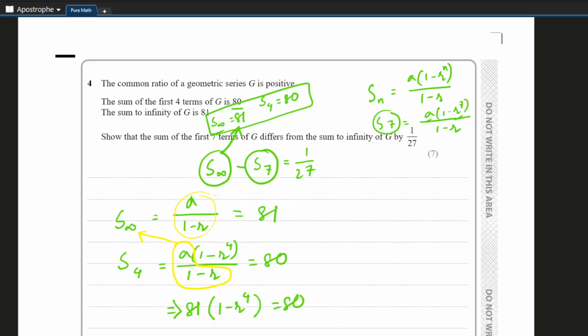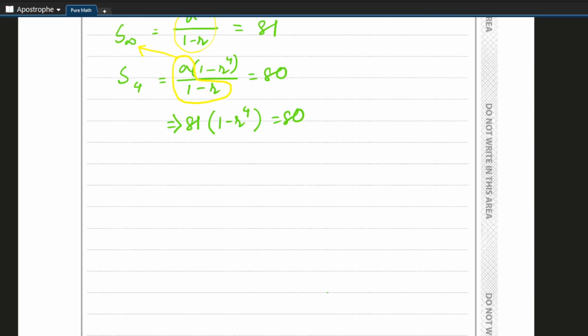So 81 times 1 minus r to the power 4 is equal to 80. 1 minus r to the power 4 is equal to 80 over 81. That means r to the power 4 is equal to 1 minus 80 over 81, which means 1 over 81.